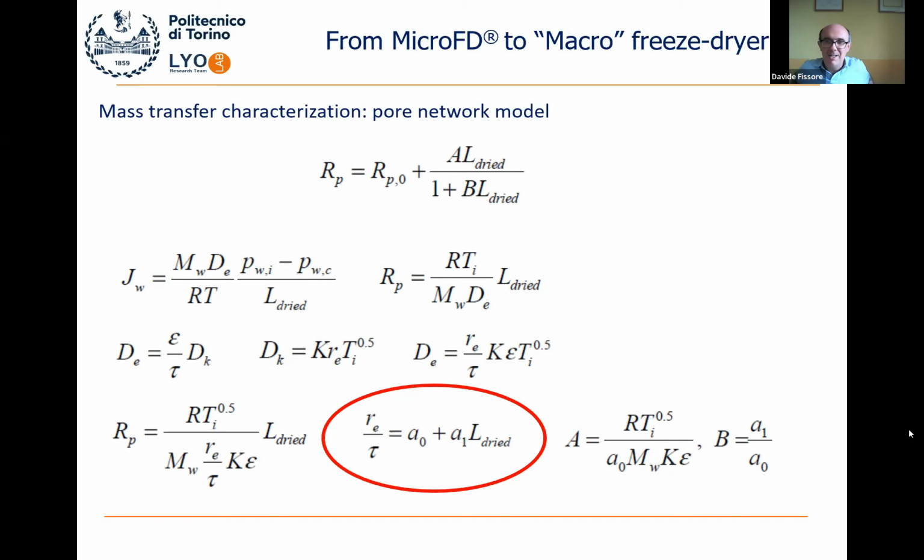Anyway, if you are scared by these equations, don't be scared about them, because all these details are hidden by the software of the machine, and so you may just take your result. If you want to do something different from the machine, you get all measurement you want, temperature, pressure, and so on. And you may write your own script in Python, MATLAB, Excel, whatever you want, and do any type of post-processing.